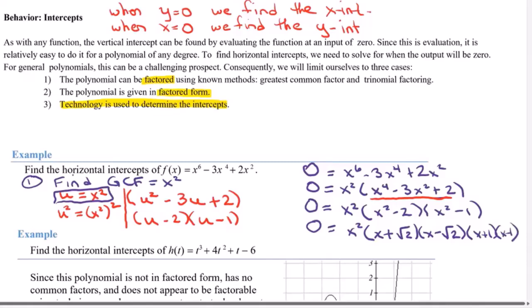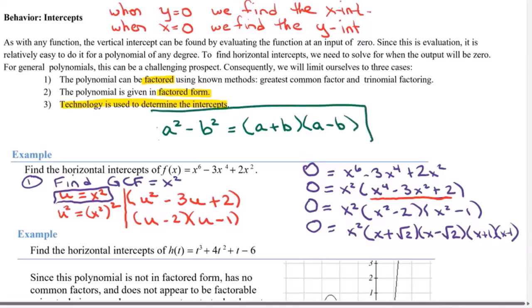So the difference of squares, if you forgot, says that if I have a squared minus b squared, that equals a plus b times a minus b. Very important to remember.